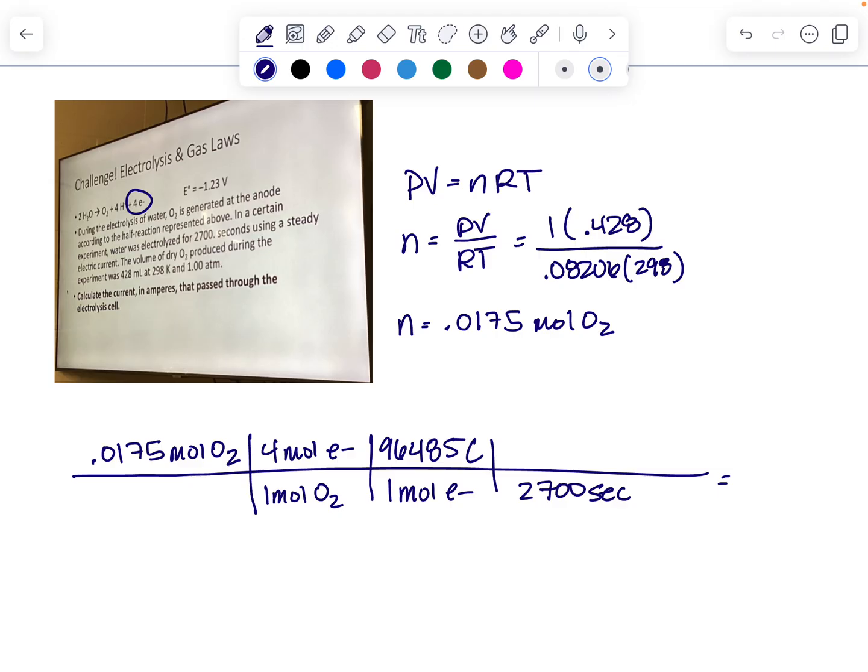I got 6753.95 coulombs divided by seconds. Divided by 2,700. I think you should get 2.5. Yep, nice. 2.5 amps.